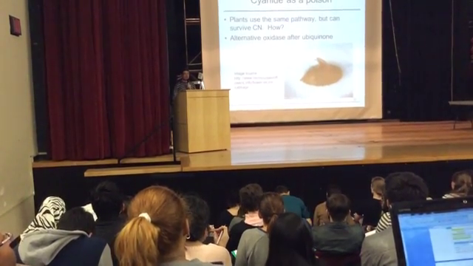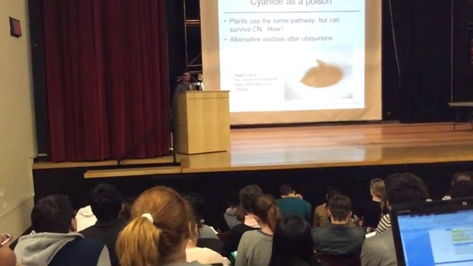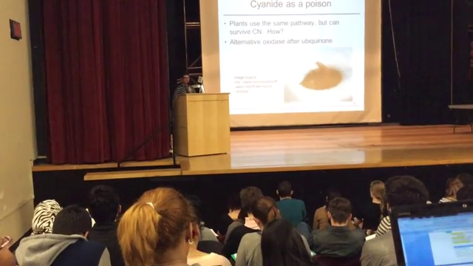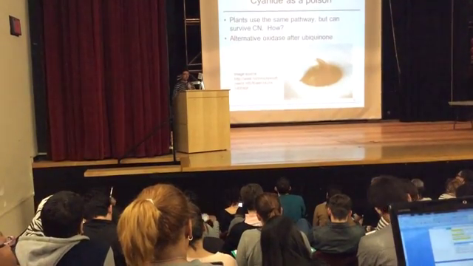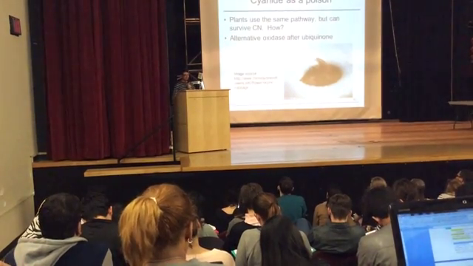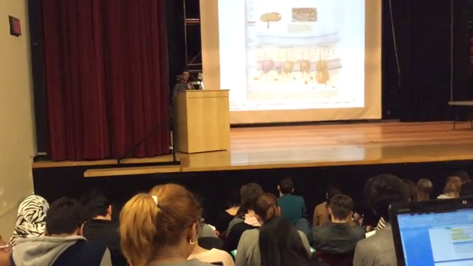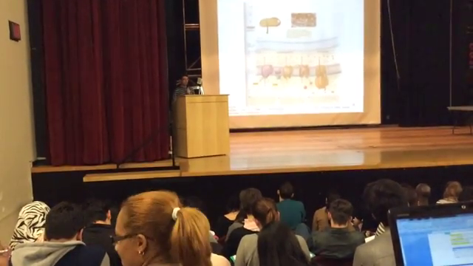This is called skunk cabbage. It's the first flower to emerge in the winter because it can heat itself up high enough to melt the snow around it. And the way it can do that is because it can shuttle electrons to the alternative pathway as opposed to the regular pathway in its mitochondria.